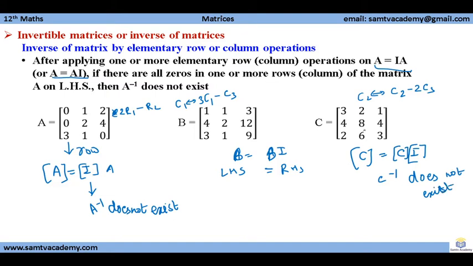No need to do the subtraction also. If two rows are equal or two columns are equal, then you can say that their inverse does not exist. Because if two rows or two columns are equal, say C2 is equal to C3, and you perform a subtraction operation, then it will come 0. So if any two rows or any two columns are equal, then you can conclude that their inverse does not exist.